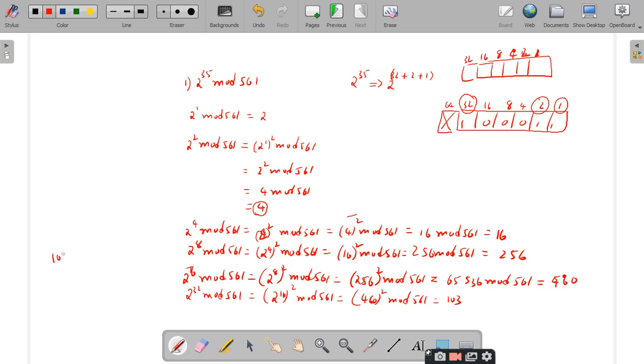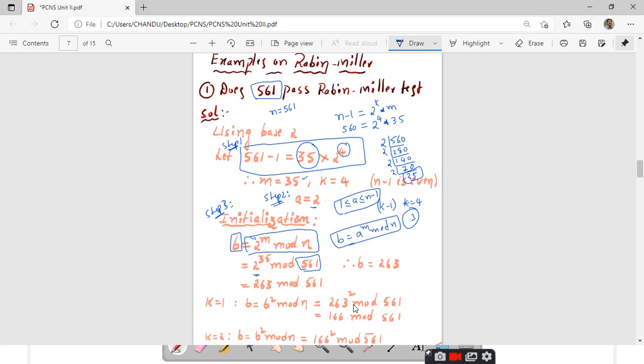It is 2 power 32 into 2 square into 2 power 1, that is 103 into 4 into 2, so 103 into 8 mod 561. So you will get 263.